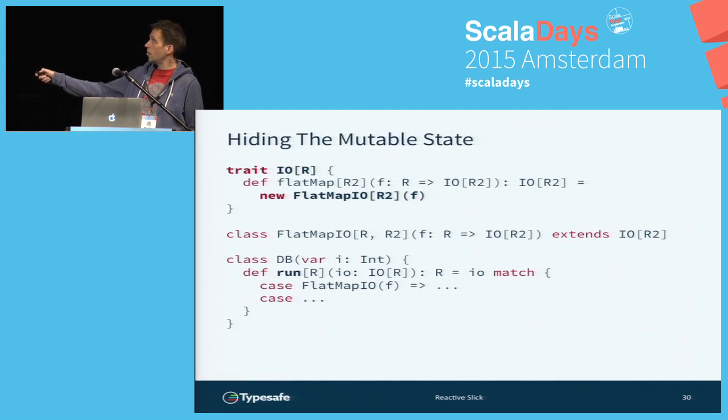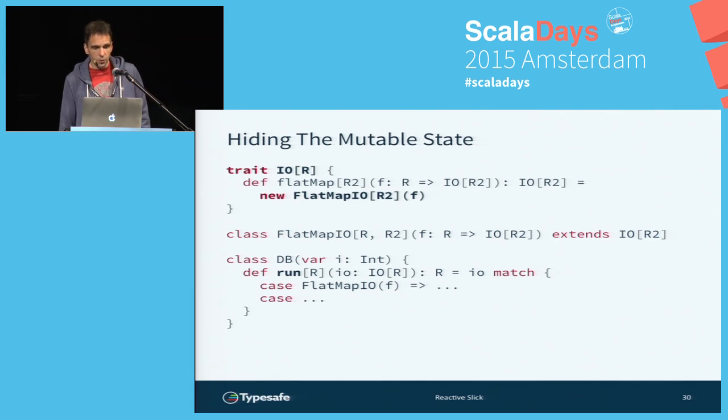So here in this flatMap, we just create a flatMap object that captures this information. And then when you run it, you have an interpreter and you match on FlatMapIO, and then you do whatever you have to do. But it's not in the signature anymore. This is just an abstract trait, and then we use the interpreter.